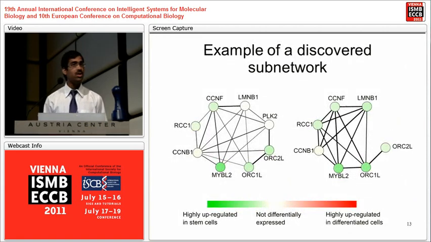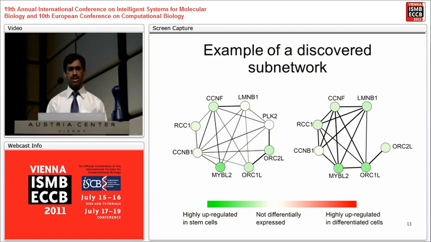This is one example subnetwork which we discovered. This subnetwork is interesting in the cell cycle context. CCNB1, MYBL2 are important cell cycle regulators, and CCNF is also known to play a role in CCNB1 localization in the nucleus.